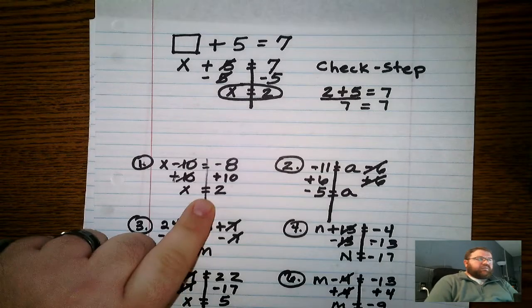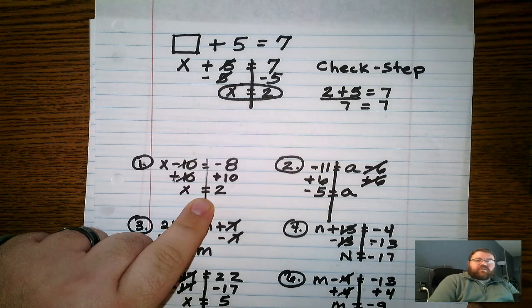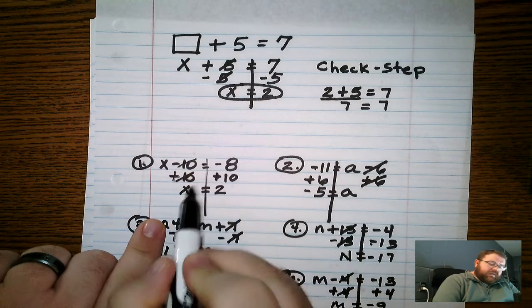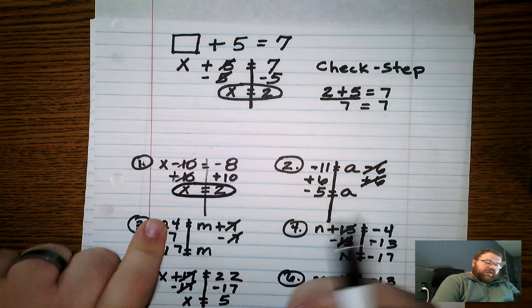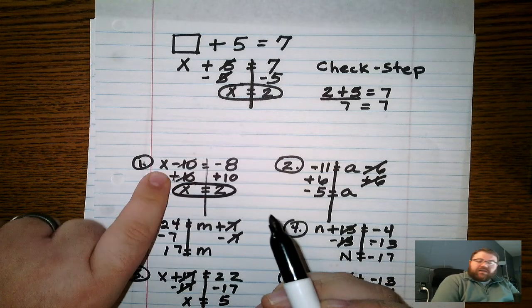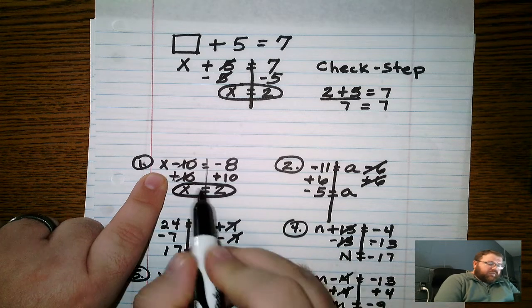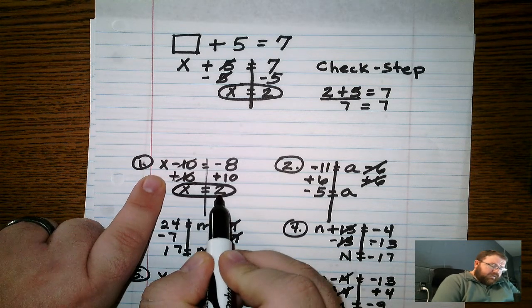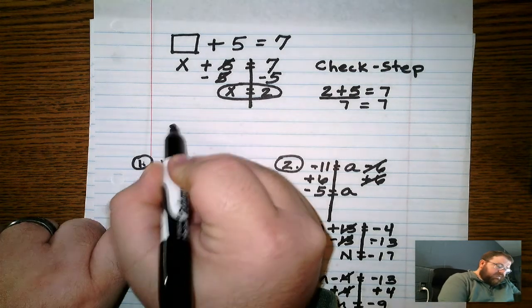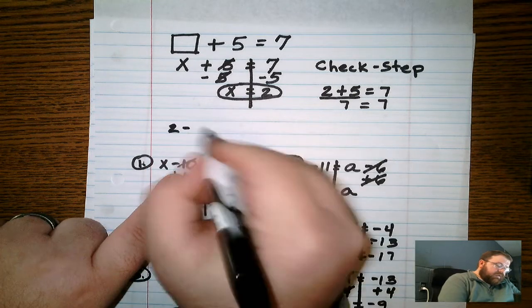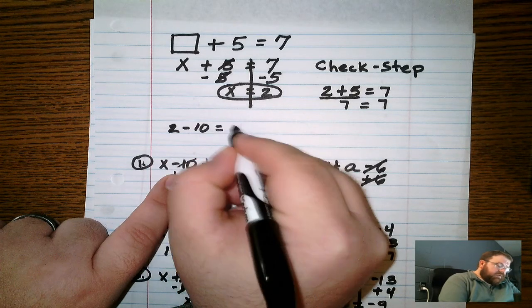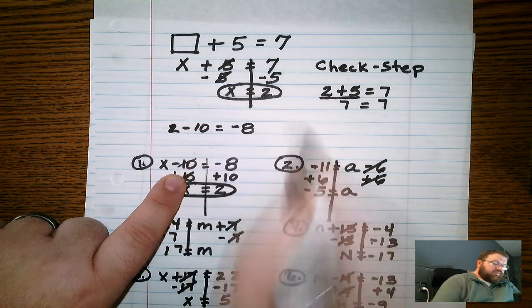For problem number 1, we had gotten that x is equal to 2. So I'm going to take this answer and substitute it back into the original equation. So for instance, this would be 2 minus 10 is equal to negative 8.